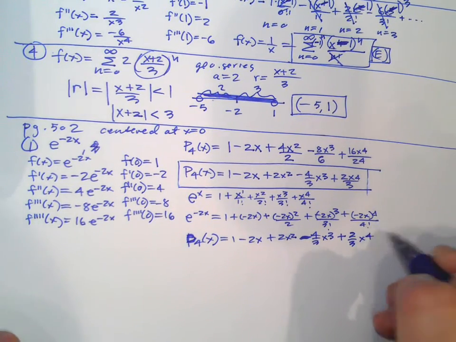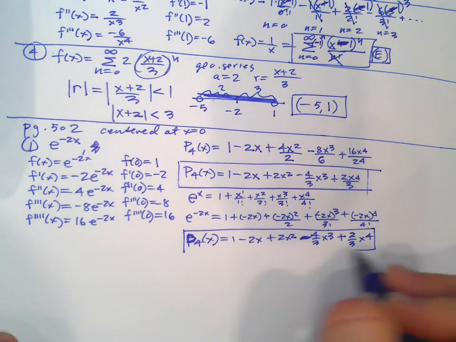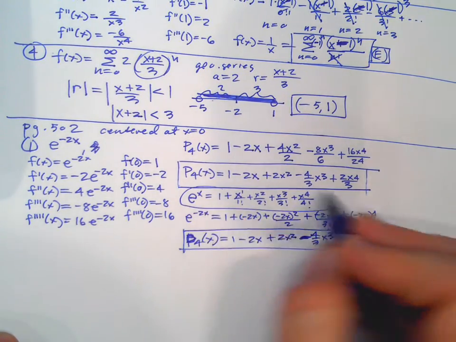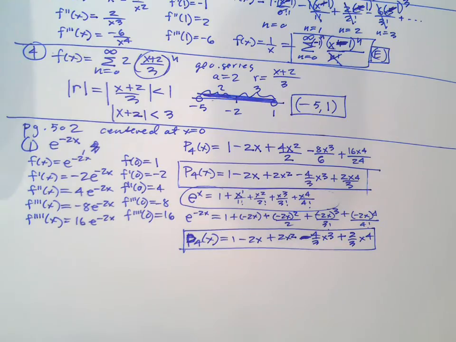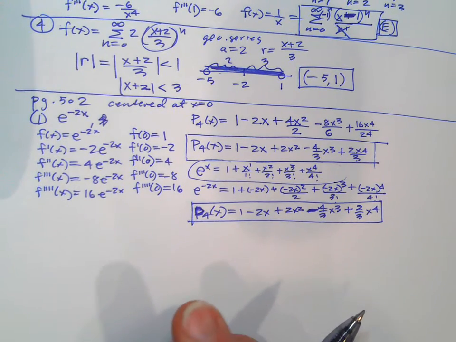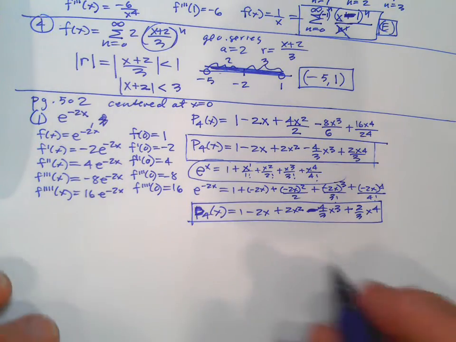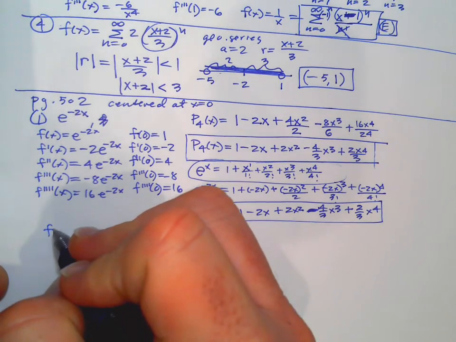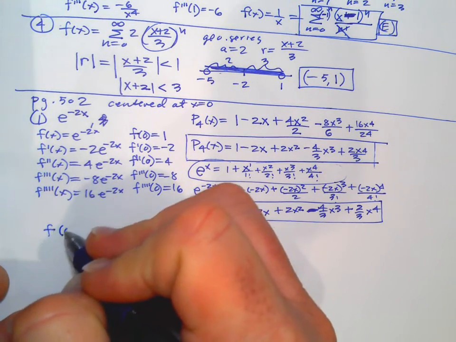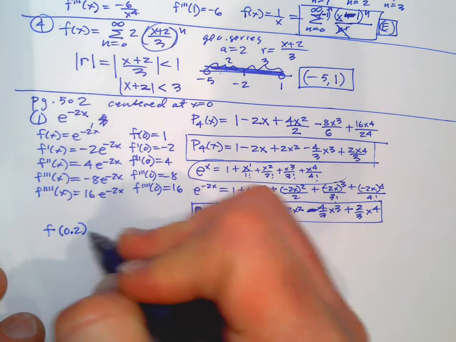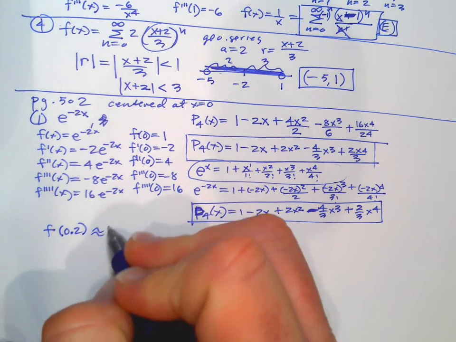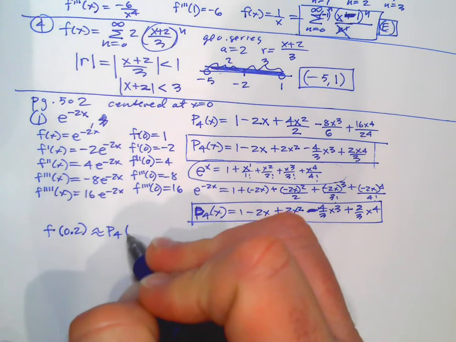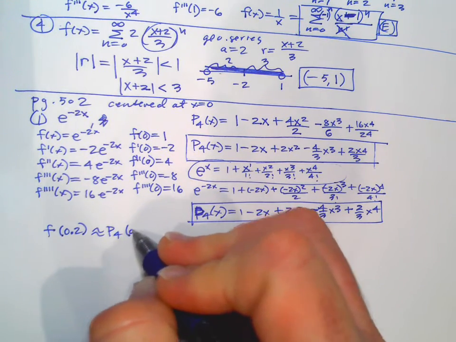You get the same answer. So you could just write that down and plug in, since they said to use this to approximate the value of the function. So we're going to say, well, f of 0.2 is approximately equal to our fourth order Taylor polynomial of 0.2 plugged into it.